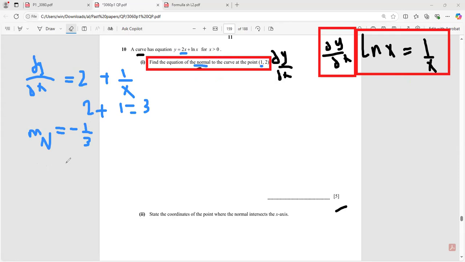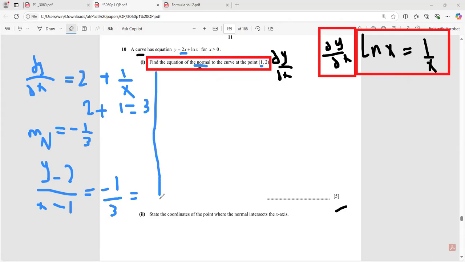To get the equation, we're going to say y minus 2 over x minus 1 equals negative 1 over 3. Simplify it.